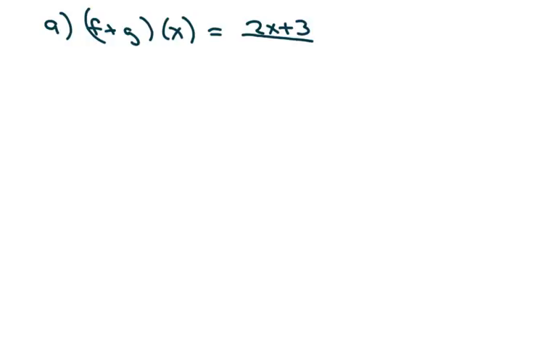So, the first one we have is f plus g of x. That is (2x plus 3) over (3x minus 2) plus 4x over (3x minus 2). What's nice about this is we have the same common denominator, so we can put all of this over one denominator.